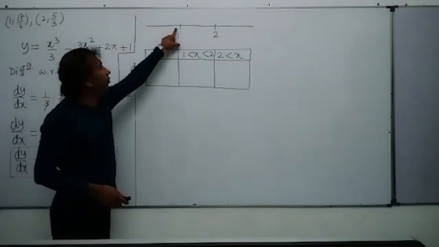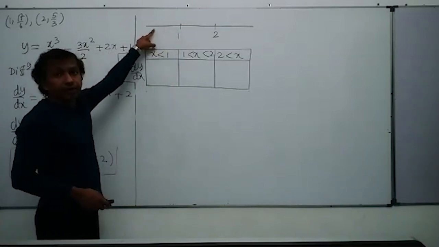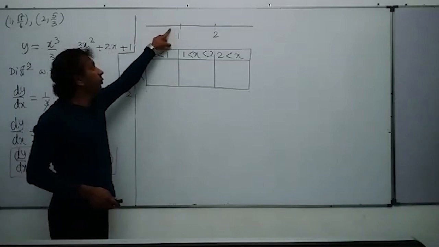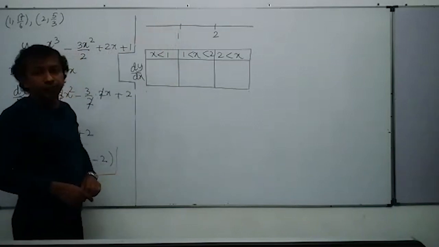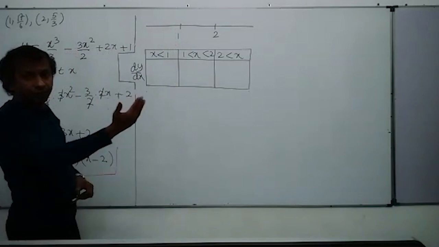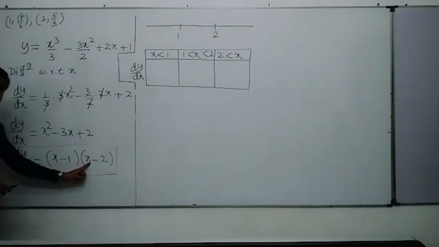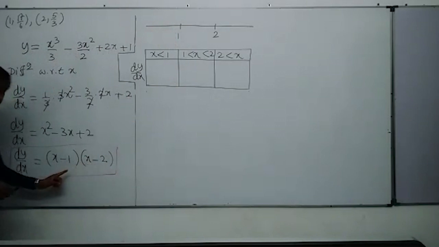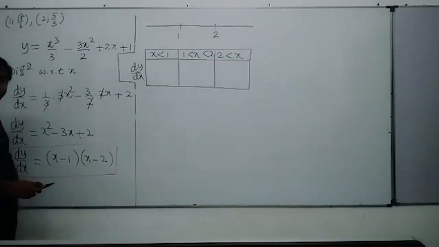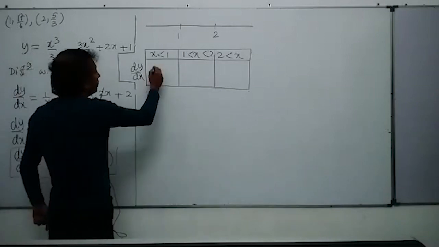Now, in this region, take any value you like. In this region, you know, 0 lies. 0 is on the left of 1. Once I put 0 here and here, 0 minus 1 is minus 1, 0 minus 2 is minus 2. Minus 1 into minus 2: minus minus is plus, 1 into 2 is 2. Plus 2. This sign only we need.